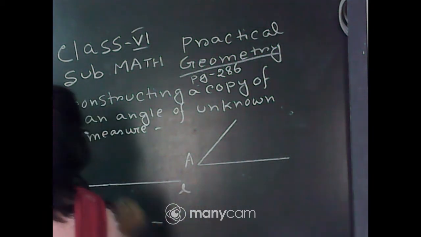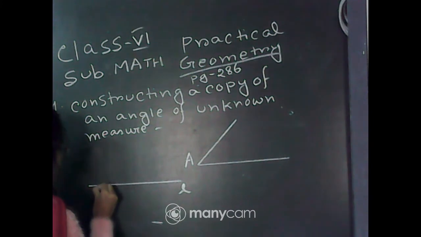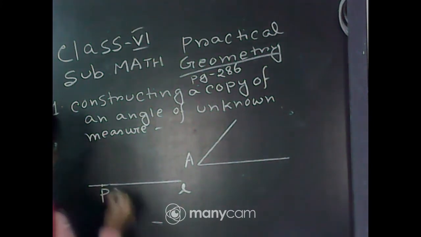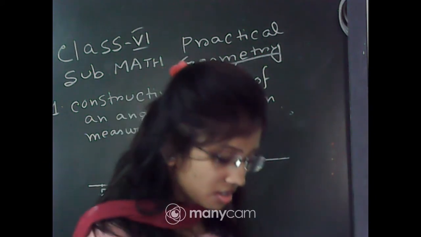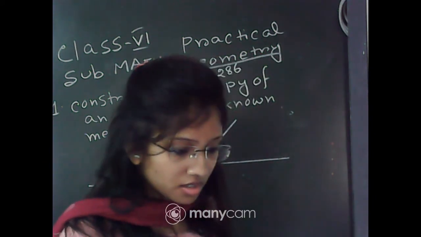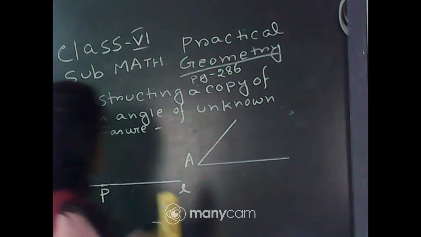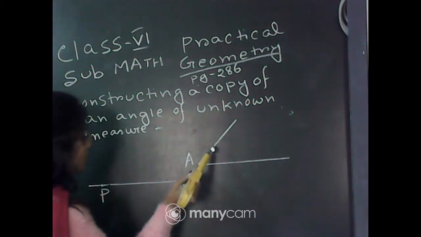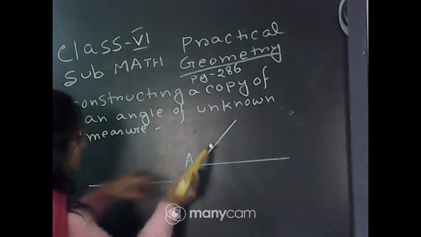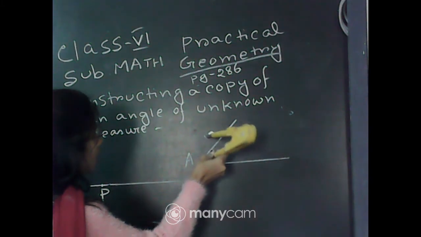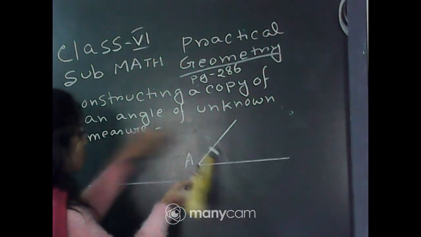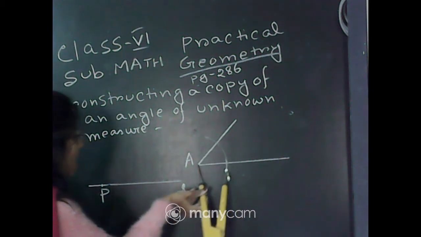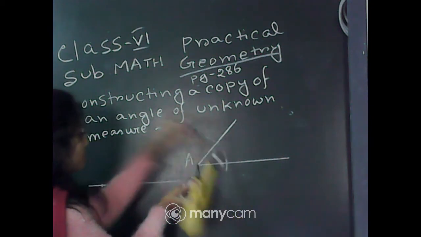And mark a point P on it. Next, place the pointer of compasses at A and draw an arc.